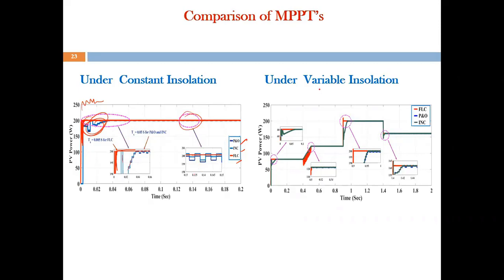Same thing under variable insolation. The previous one was constant insolation. Under variable insolation also, FLC is in red color, and P and O and incremental conductance decline. If you observe at this point, or this point, the red is smooth in nature.